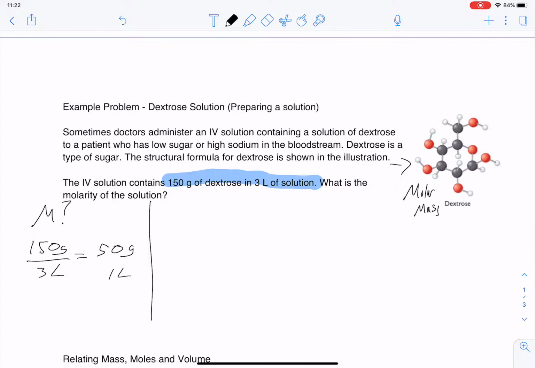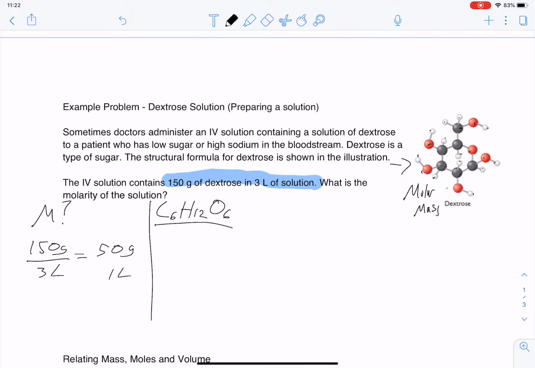Carbon has 1, 2, 3, 4, 5, 6 atoms. Hydrogen, we have 1 through 12, so 12 hydrogen. And oxygen, 1, 2, 3, 4, 5, 6, so 6 oxygen.